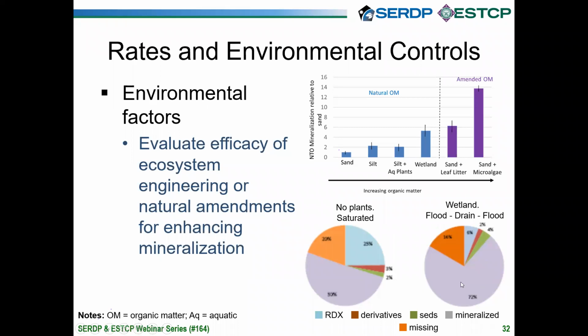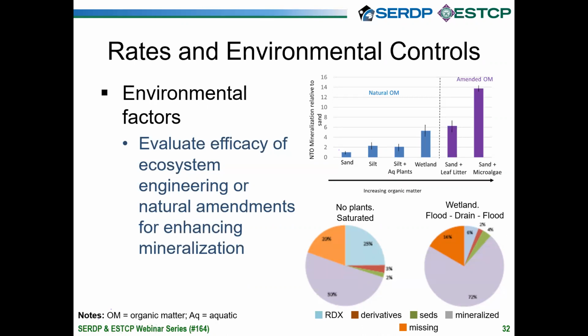And the gray area of these pie charts corresponds to how much RDX was truly mineralized. And what we saw was that by manipulating mesocosms through a period of flooding and draining and flooding, what we were able to do is cycle through high redox, low redox, high redox, low redox, and that translated into an increased rate of RDX mineralization.